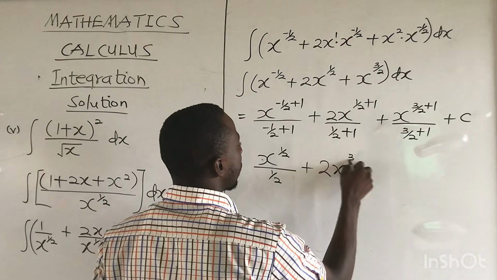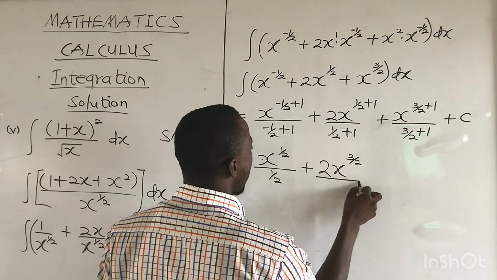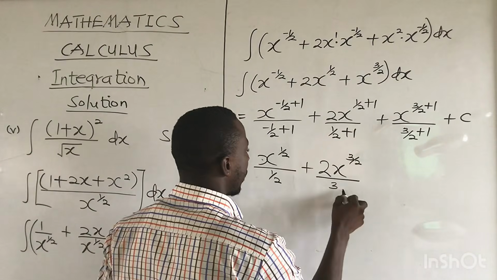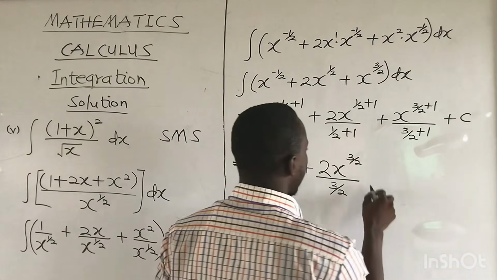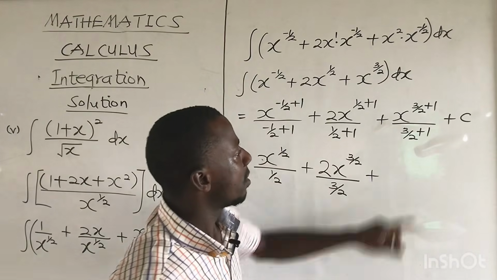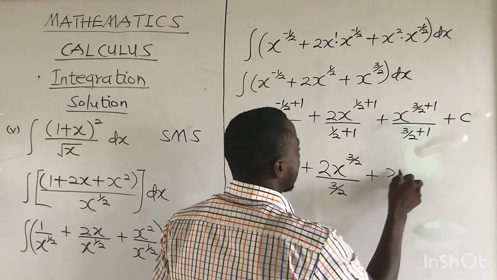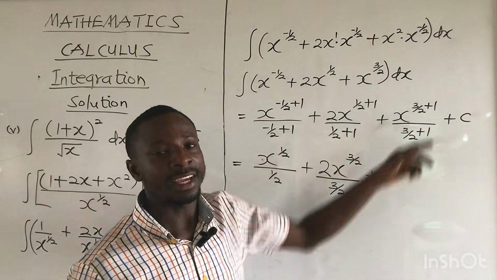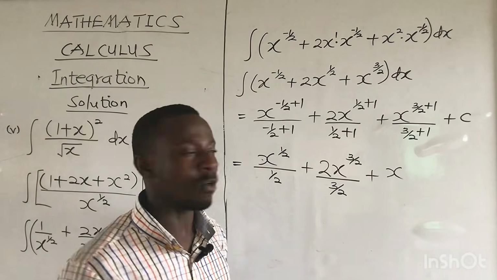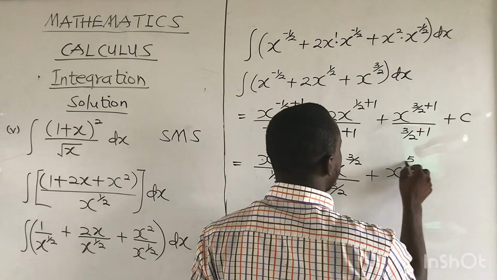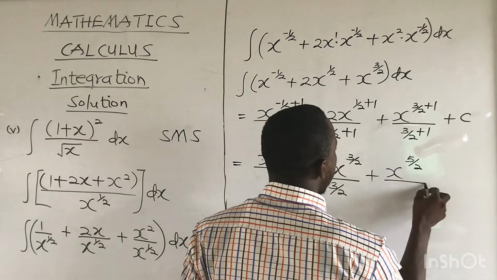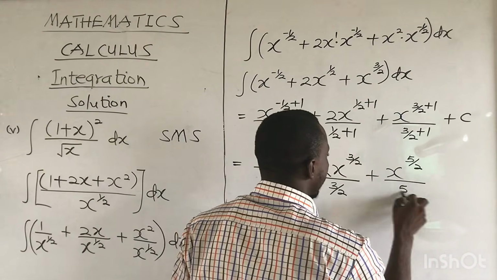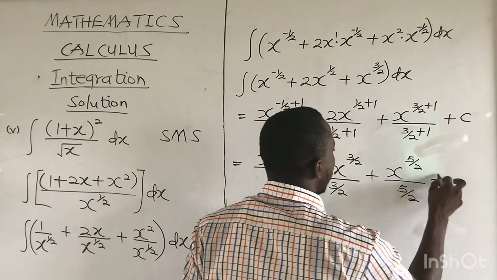We are going to get 3 over 2 all over the denominator will also be 3 over 2 plus, here we have x 3 over 2 plus 1. It will also give us 5 over 2. So we have exponent 5 over 2 all over 3 over 2 plus 1. It will also give us 5 over 2 plus c.